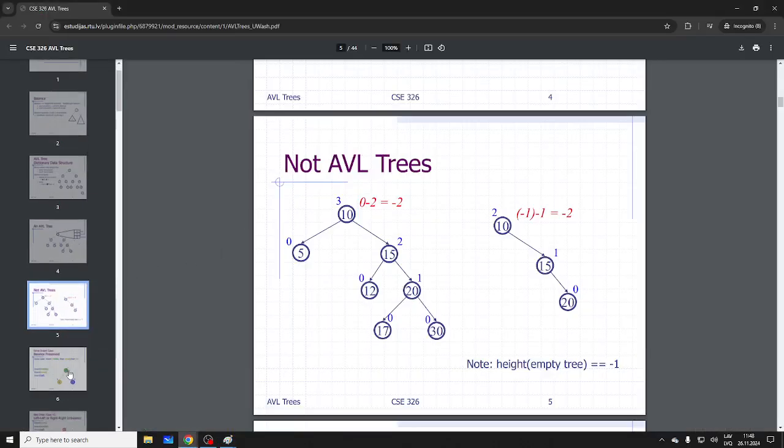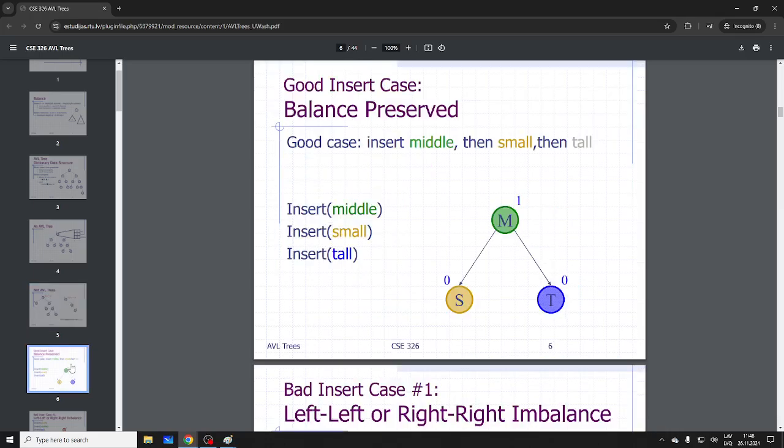How many slides do we have? Oh, quite a few. So if you look at these, a good insertion case: middle, tall and small. Insert the middle first, then small and tall, and nothing changes, like you enter 3 numbers.